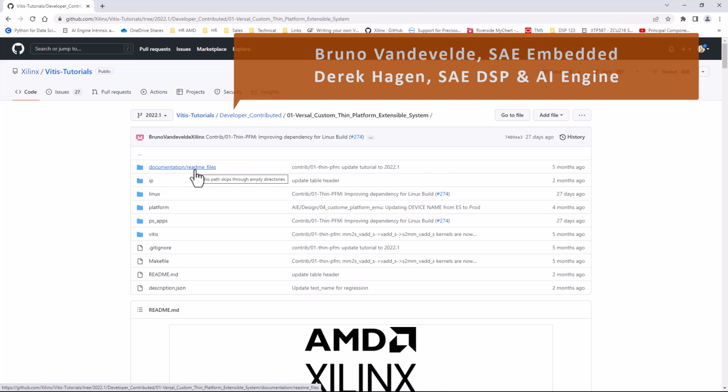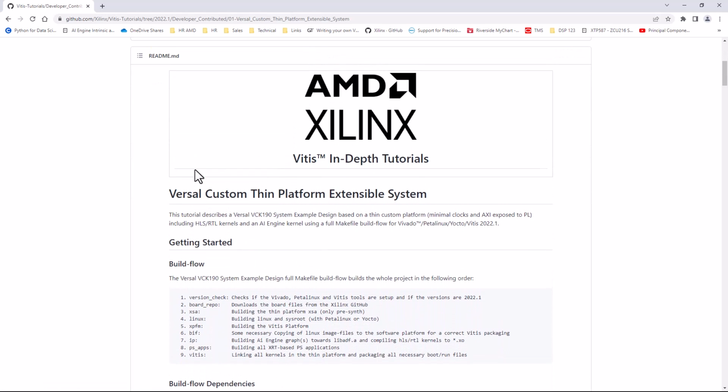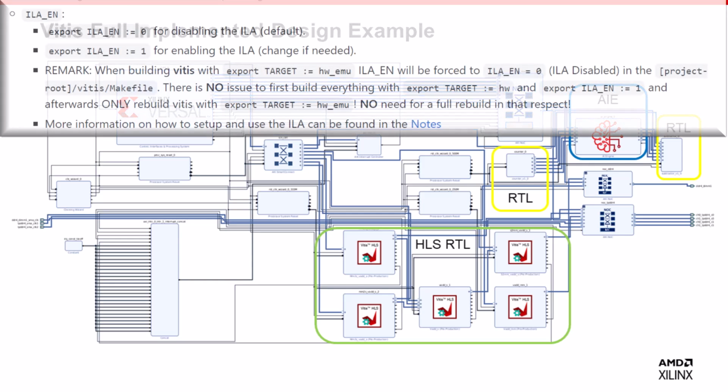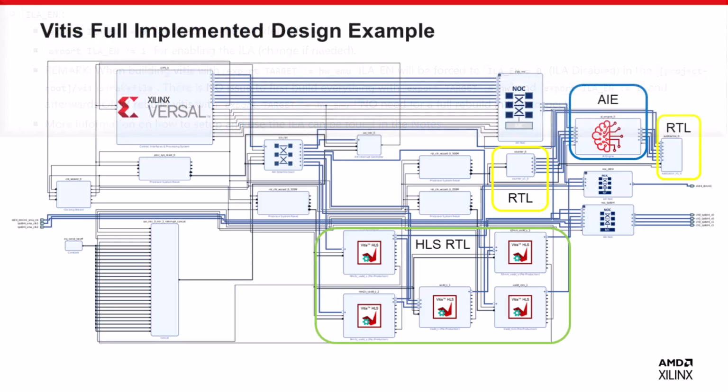This design is actually a well-thought-out environment to build Vitis projects including RTL, HLS, and AIE source code, working primarily in a makefile and scripted flow. The README file and notes provide guidance on how to enable the ILA when building this design for hardware. The default target is the VCK 190 board.